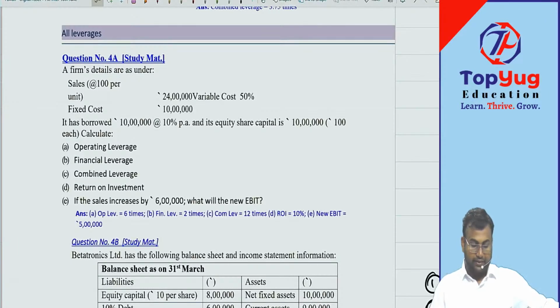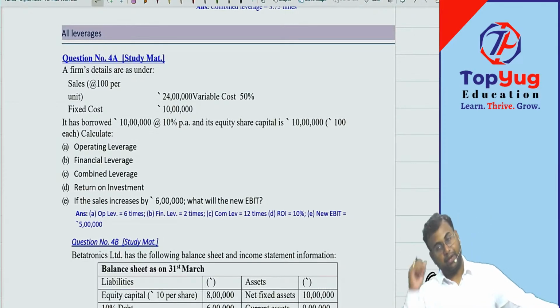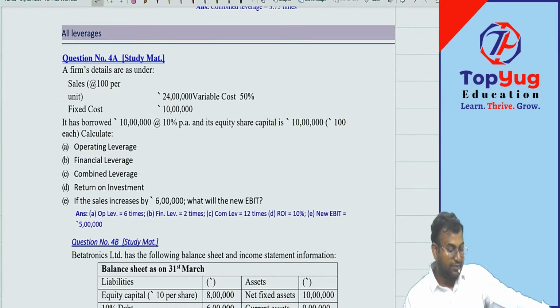Firm's details are as under. Sales 100 per unit, that is 24 lakh rupees of sales. So how many units do you have? 24 lakh divided by 100, so 24,000 units are sold at 100 rupees. Variable cost 50%, that is 12 lakhs. Fixed cost another 10 lakhs. It borrowed 10 lakh rupees at an interest rate of 10%.